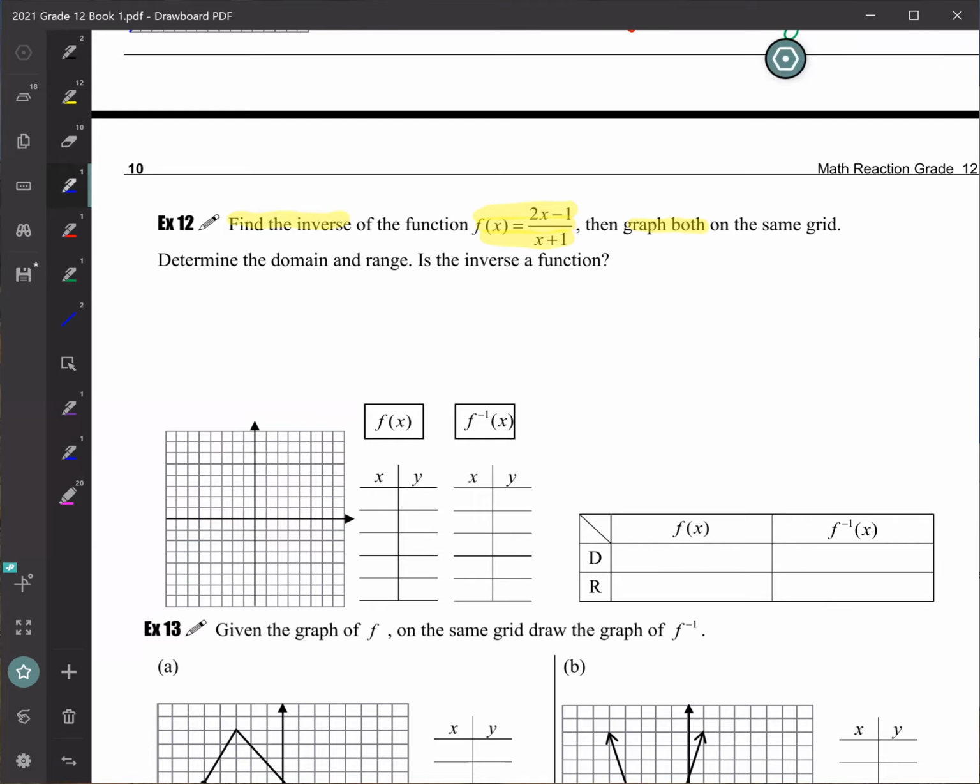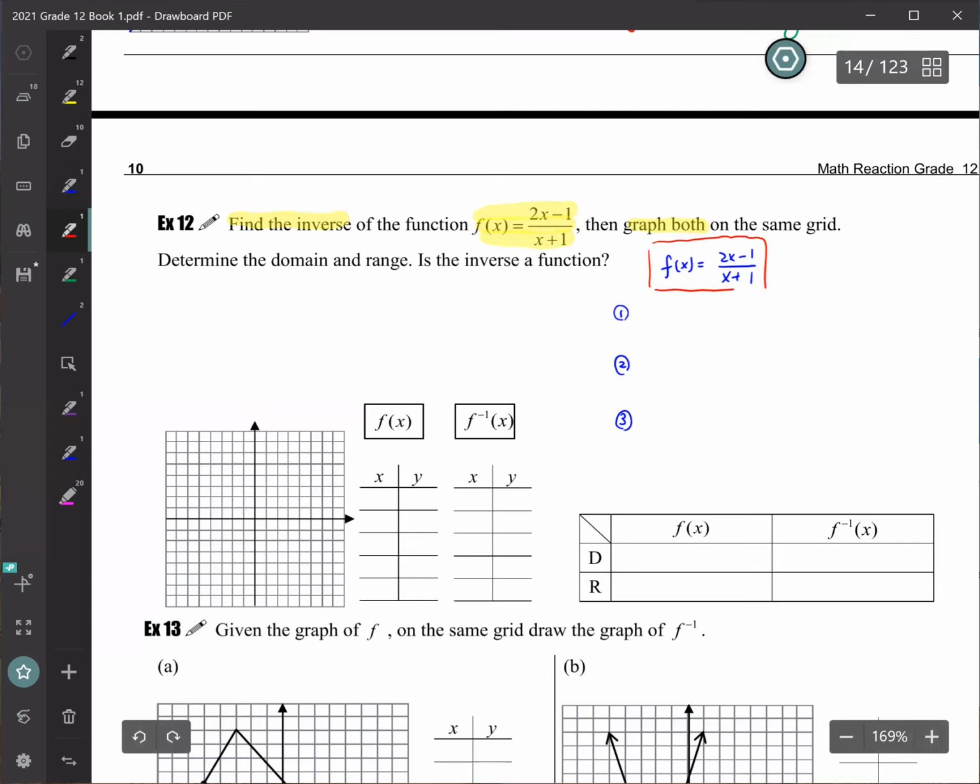So find the new function. Follow the 3 steps. You can raise your hand when you're done. So this one, original. Make sure you make a start here. This one is a little bit tricky to figure out the inverse.